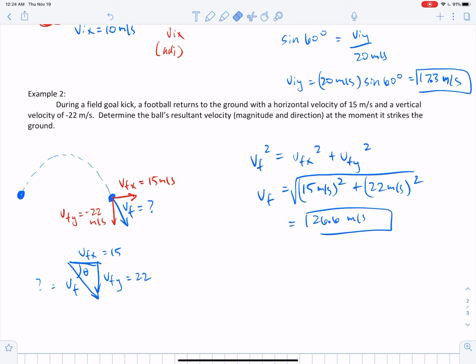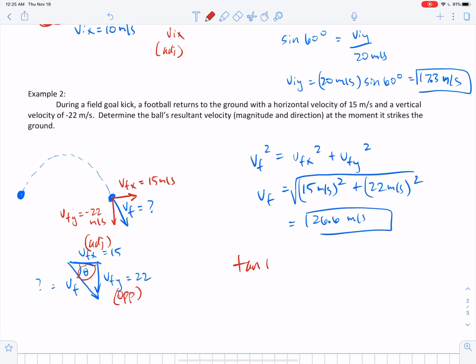And then what is the angle? Well, I've got this side, which is the opposite side compared to this angle. And then this horizontal component would be considered the adjacent side. So if I want to get the angle itself, I would just compare opposite and adjacent, and that is tangent.